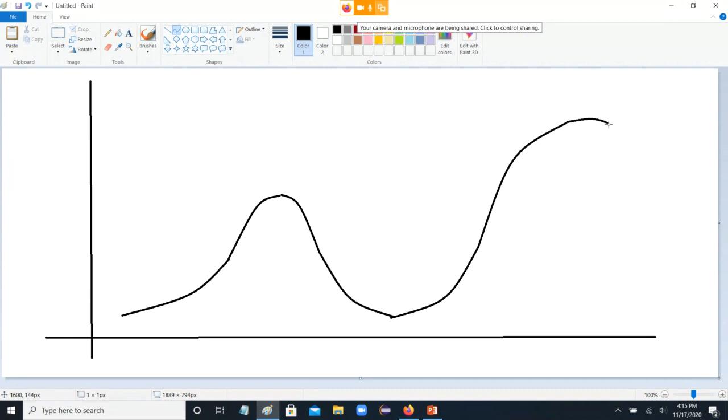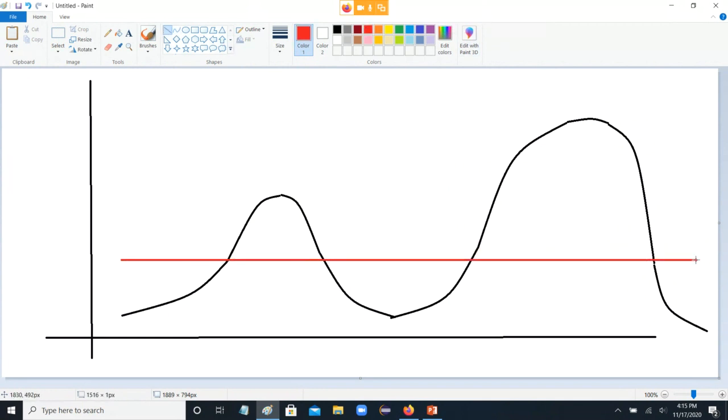And then it has a rapid fall off at the end of the day, something like that. Okay, this could be a reasonable pattern. So the average might be something like this. This could be your average.